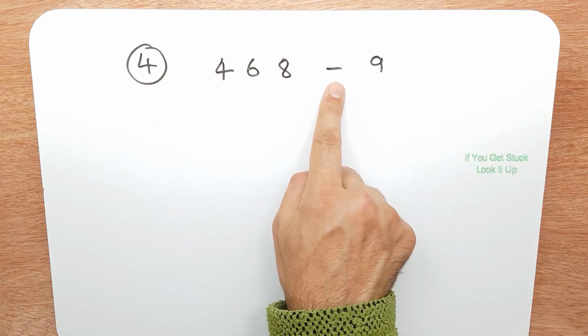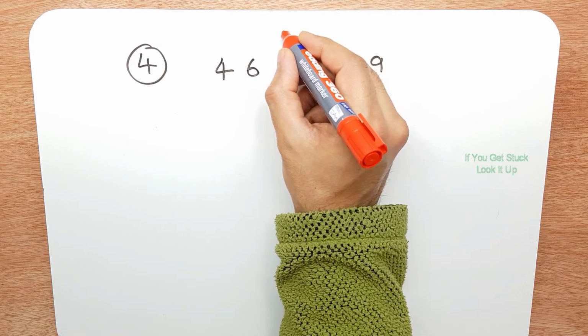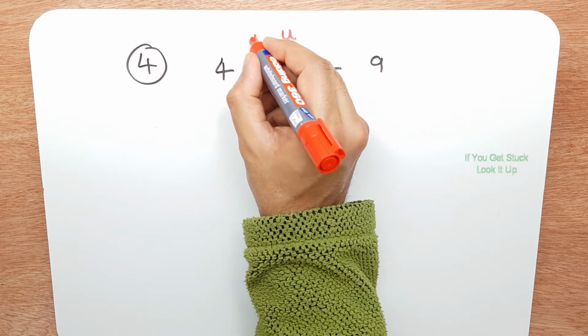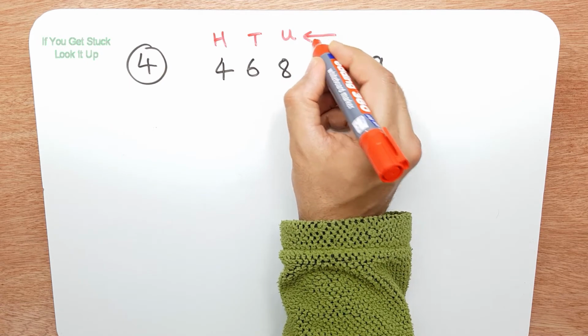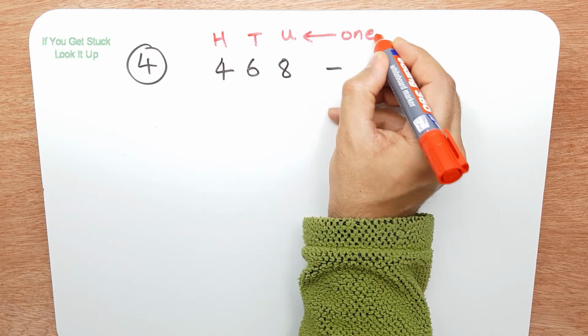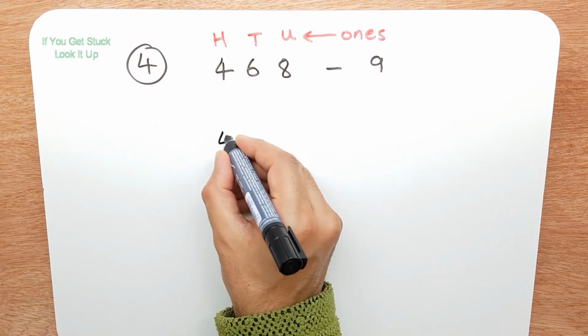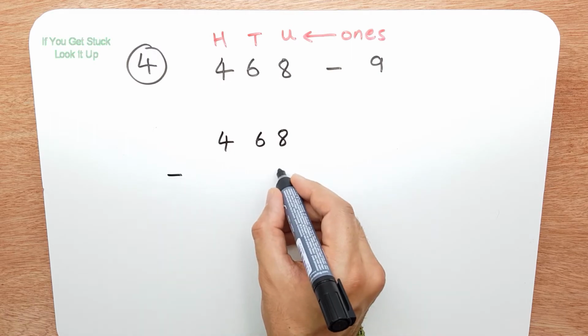468 minus 9. So we said this is the units column or the ones column. This is the tens column and this is the hundreds column. So remember we call that the ones now. So let's write this out. 468 take away 9.